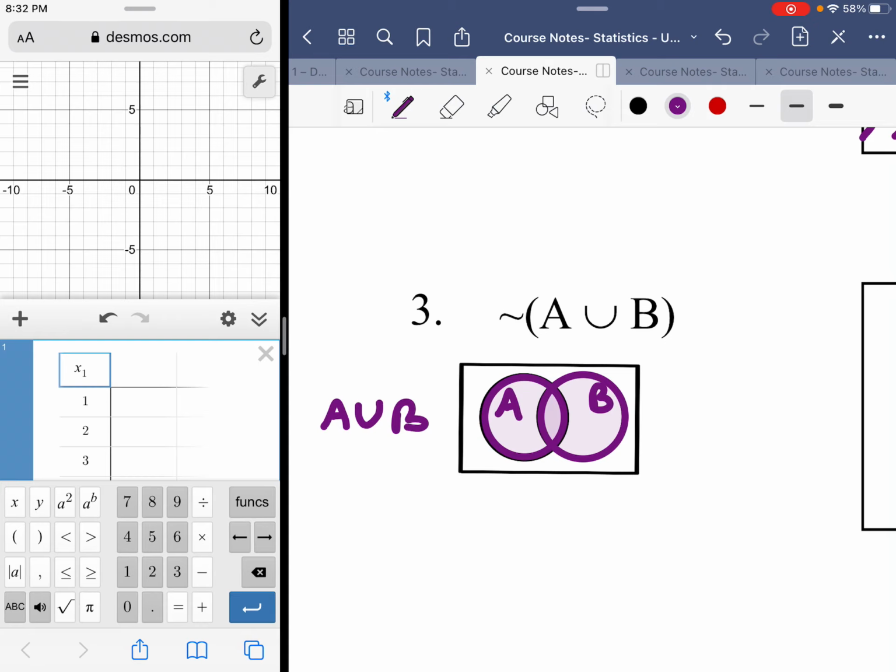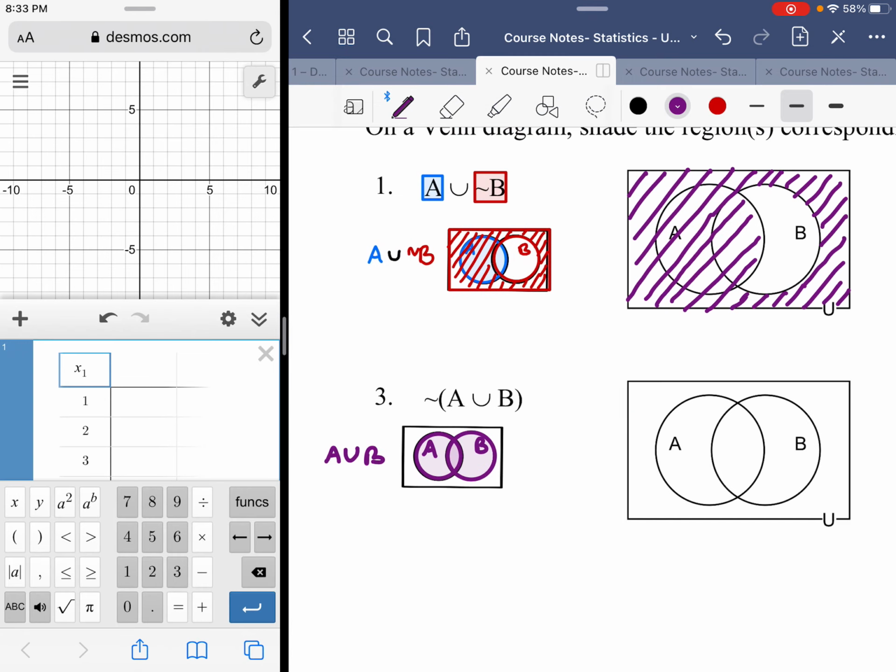What's mine is yours, and yours is mine. All right, so what I'm saying is not that. So the answer to this one would be everything outside of those two circles.